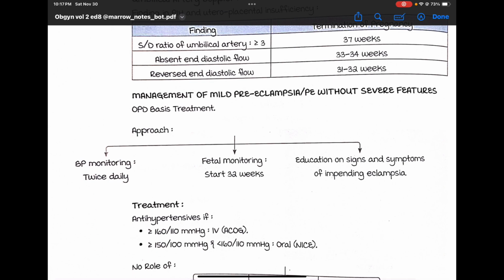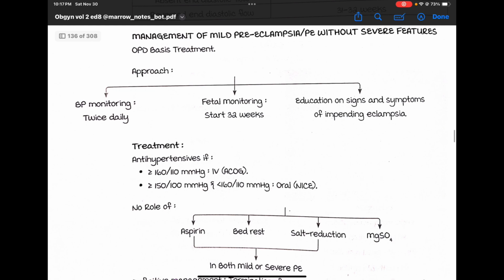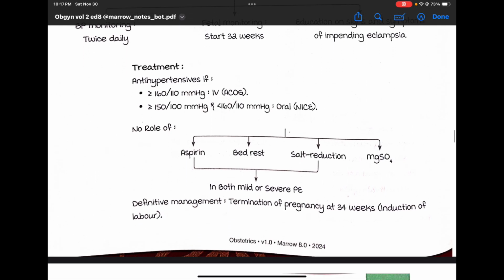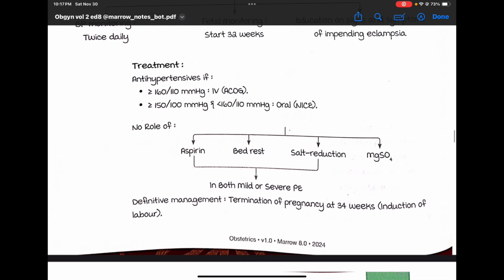Approach: BP monitoring twice daily. Fetal monitoring starts at 32 weeks. Education on signs and symptoms of impending eclampsia. Treatment: antihypertensives if more than 160/110 mmHg.